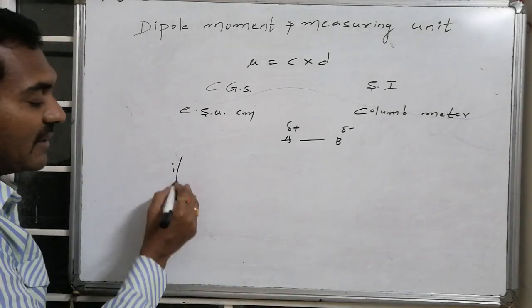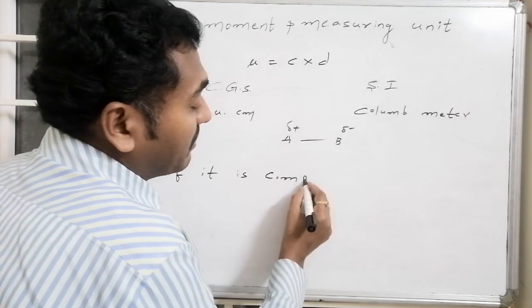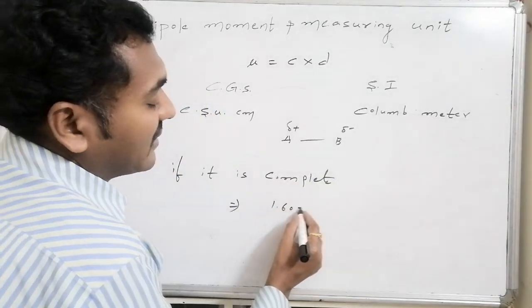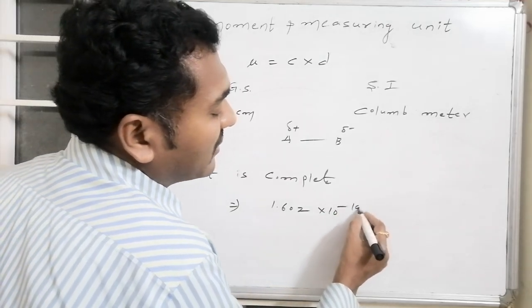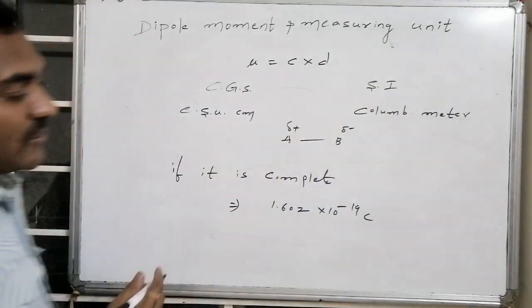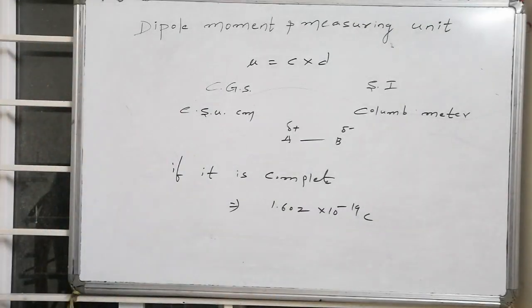If it is complete, then that implies the charge of an electron, which is very small, 1.602 into 10 power minus 19 coulombs. So the total charge present is very much less compared to the coulomb.